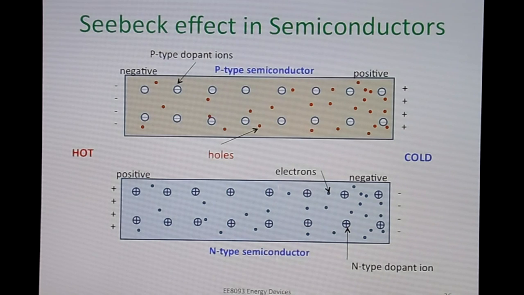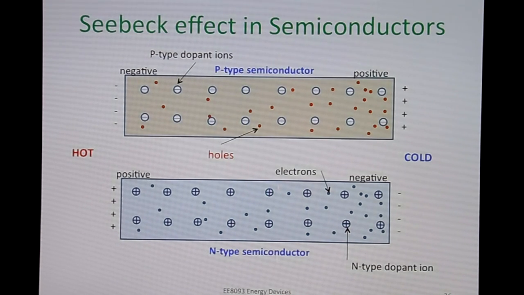Let us now move on to the Seebeck effect in a semiconductor. On this page, we have two semiconductors. The first one is a p-type semiconductor.